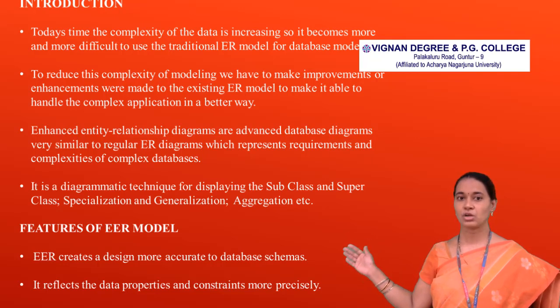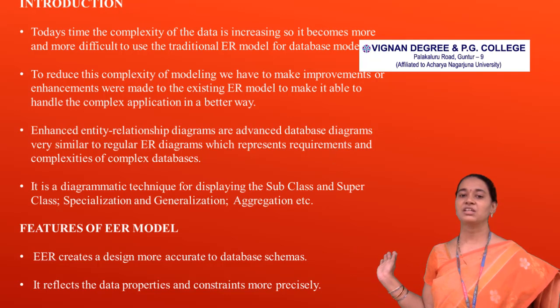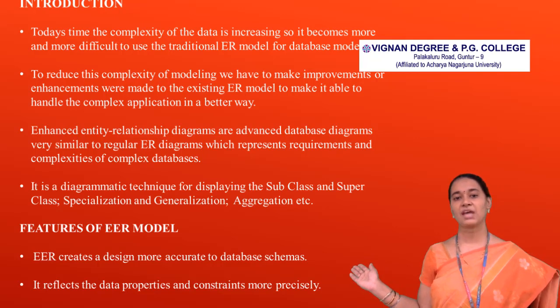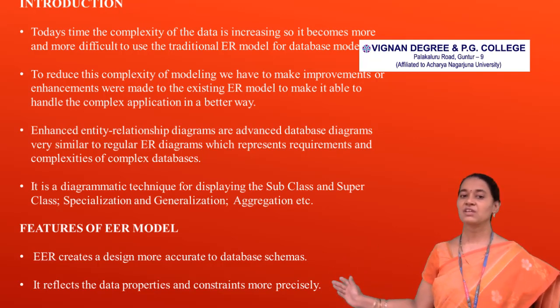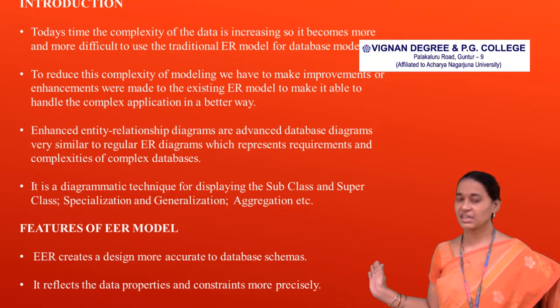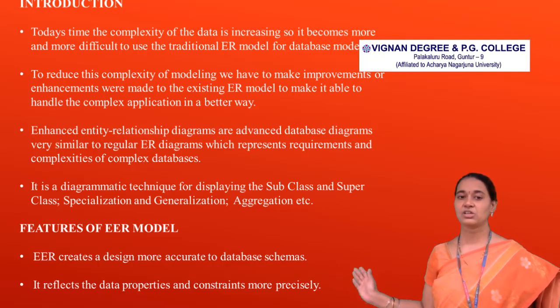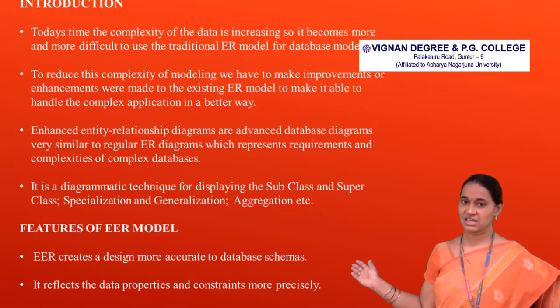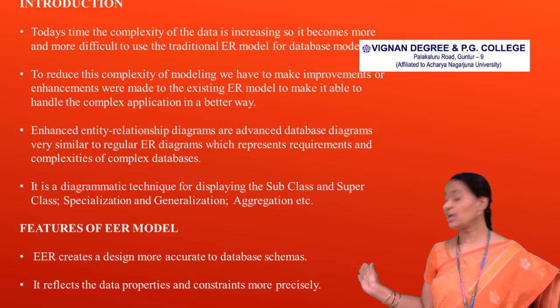The ER model creates a design which is more accurate for database schemas. It is used to design schemas which give very accurate results. Also, it reflects the data properties and the constraints very precisely. It also helps us declare the various properties used in the database accurately and concisely, so that they can be understood by the user.